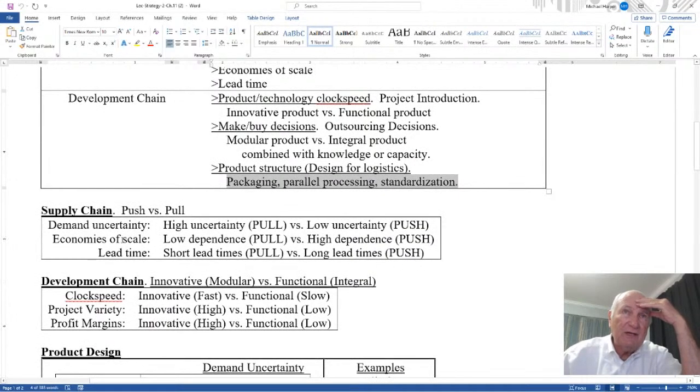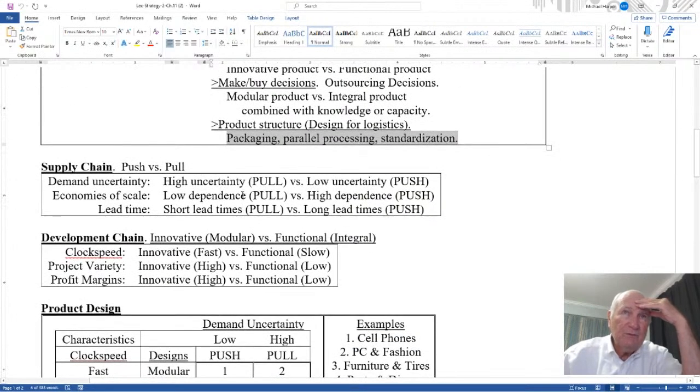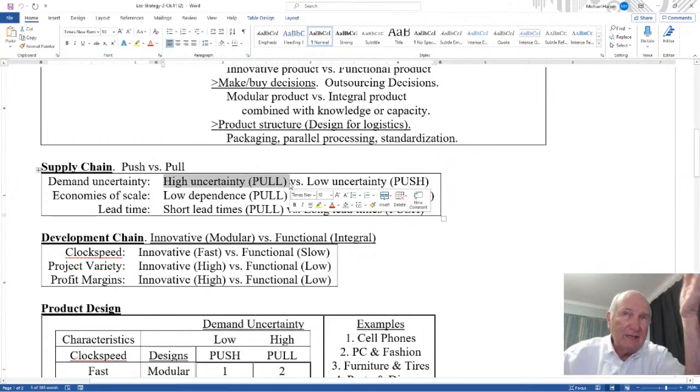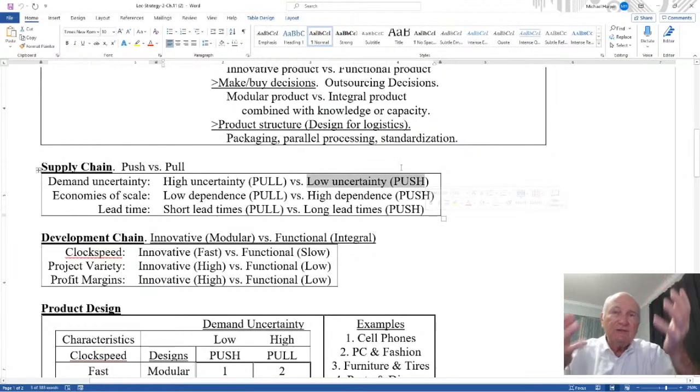Okay, first of all, in the supply chain, for the push-pull, which indicates push-pull, for demand uncertainty, high uncertainty indicates a pull system. Low uncertainty indicates a push system. So you see where your demand uncertainty is within your supply chain. Economies of scale, low dependence is a pull system.